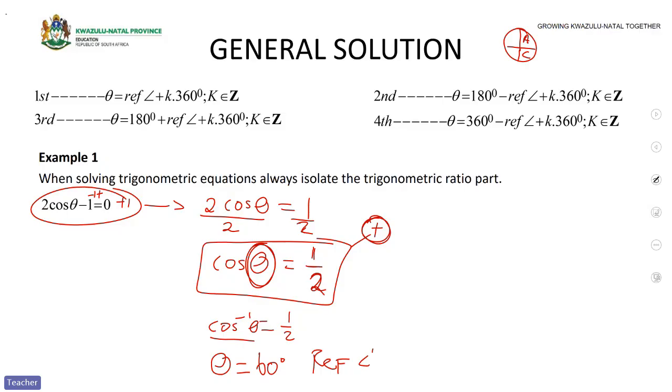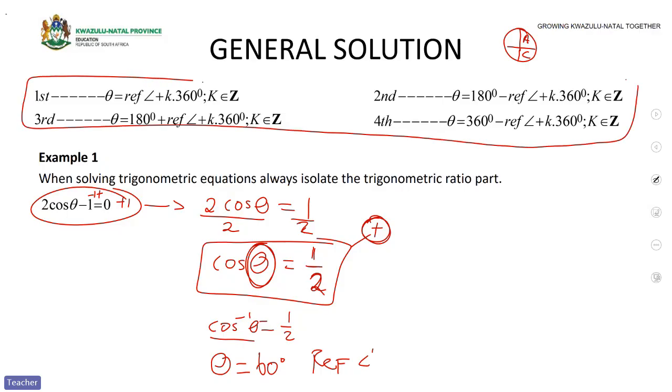So I have already indicated here, if you look at this part on our screen, there are general solutions which we use for cos as well as for sine, because we know the period of cos and sine is 360 degrees.